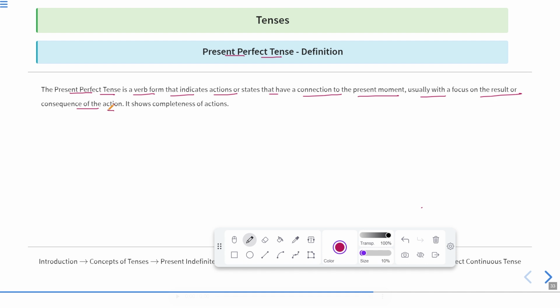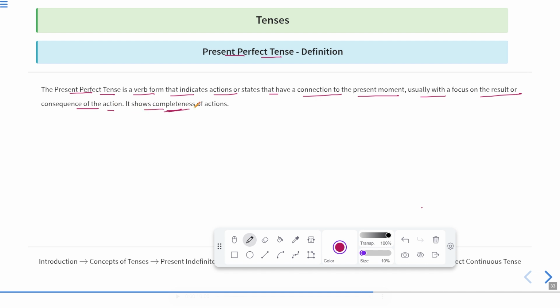It means if we show the completeness of any action in the present moment, usually with a focus on the result or consequence. It means when we do that action, what is the actual consequence? Whether the action is completed or not is actually the consequence or the result of that action. So when we focus on that consequence of the action, that is shown in the present perfect tense.